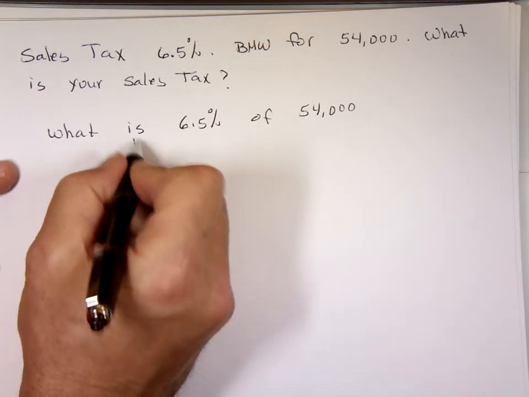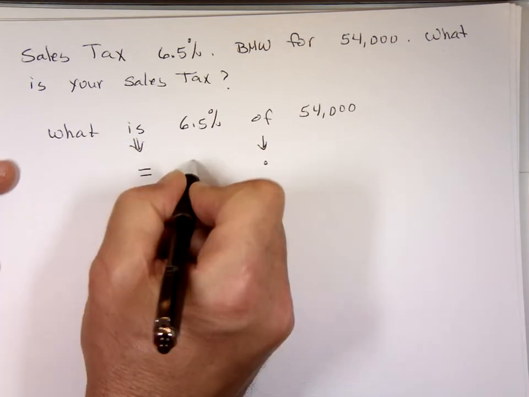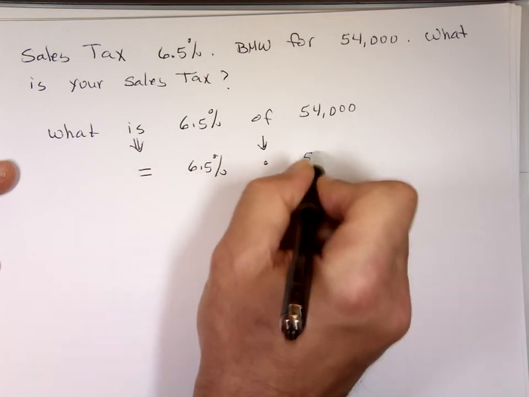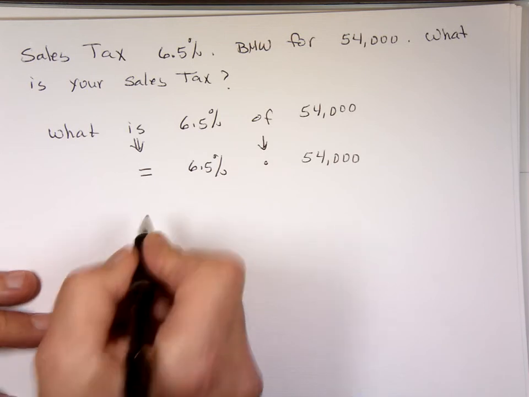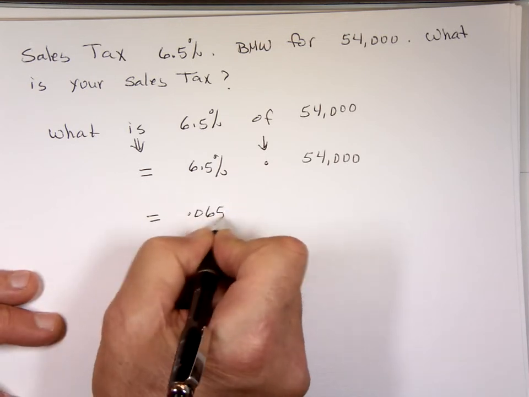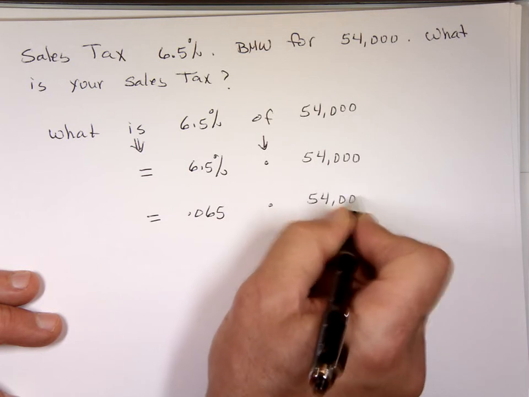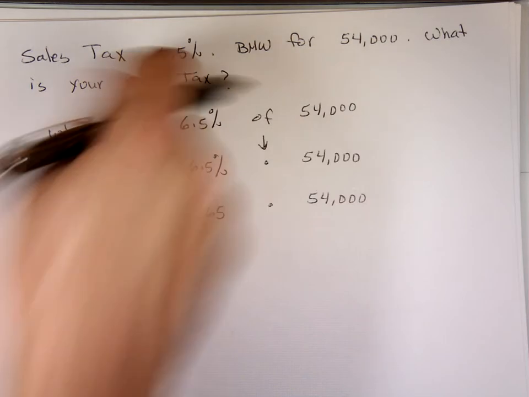Of means multiply. Change that number to a decimal, 0.065. You can use the other method, proportion, too, if you want to. It doesn't make a difference. You have the base, you have the number, you're looking for the amount.